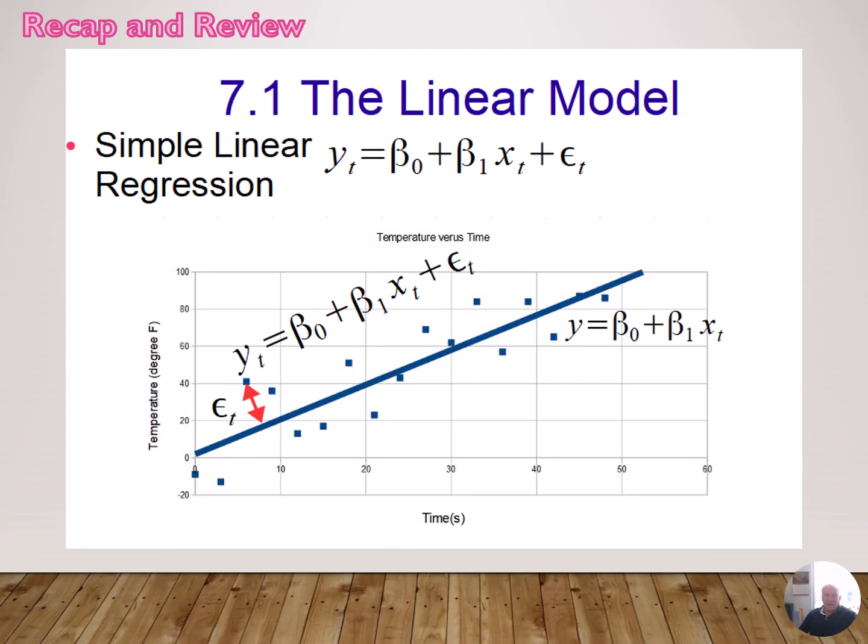So in Chapter 7, we introduced the linear model, and the linear model looks like the equation of a line. With the equation of a line, we had y equals mx plus b, where b was the y-intercept and m was the slope.